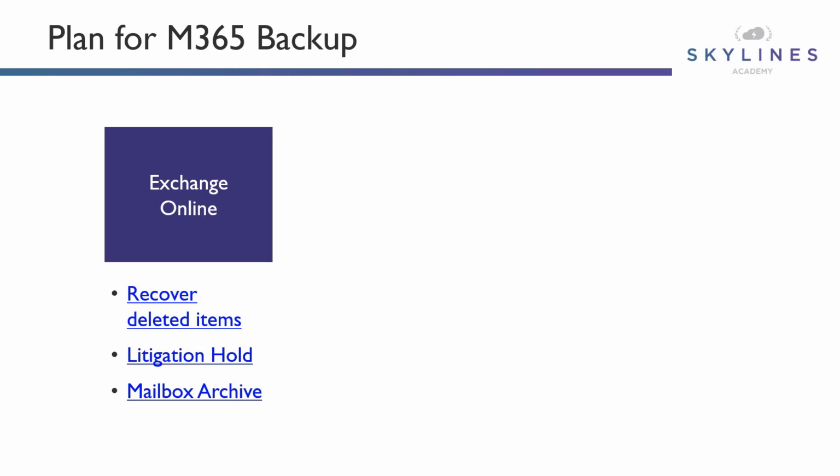The second is litigation hold, or lit hold. Now, when a reasonable expectation of litigation is going to exist within an organization, that organization is going to be required to preserve electronically stored information, or ESI, which includes email that's relevant to the case.